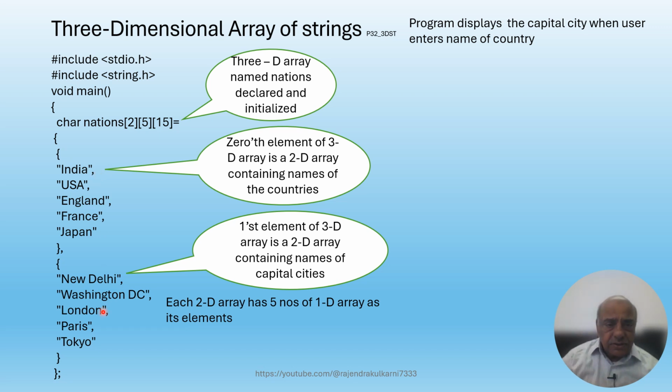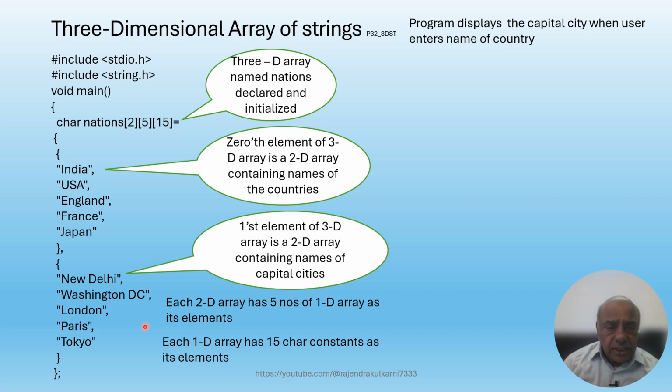Similarly, the first element of the array has 5 strings as its elements. So these 5 relate to the number of strings which we have entered as the array elements, the names.